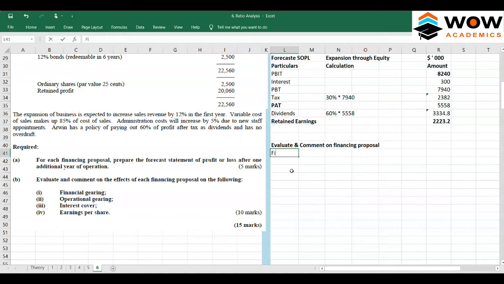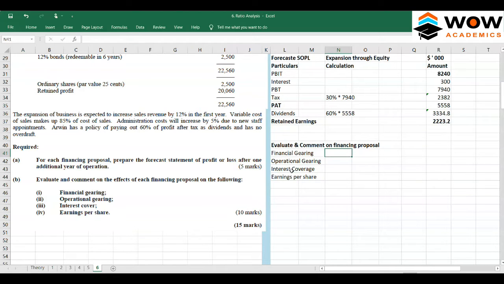So we have how many ratios? We have financial gearing, operational gearing, and so on. Okay, so we have these things.